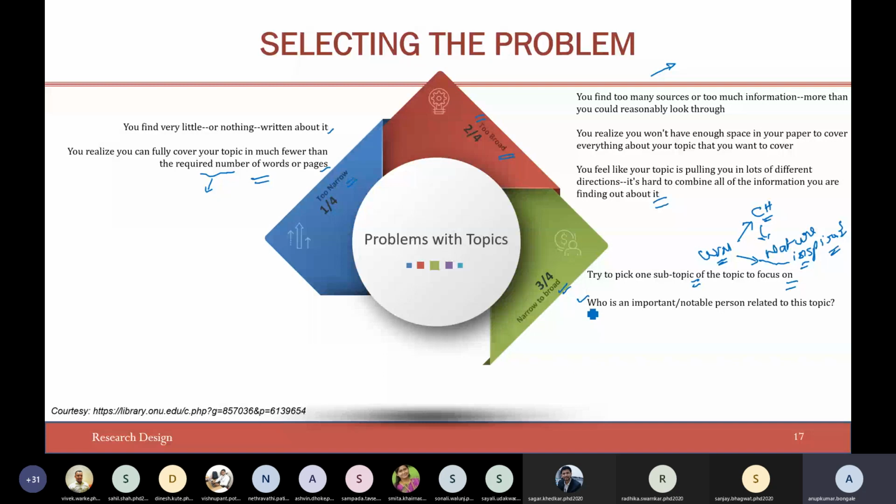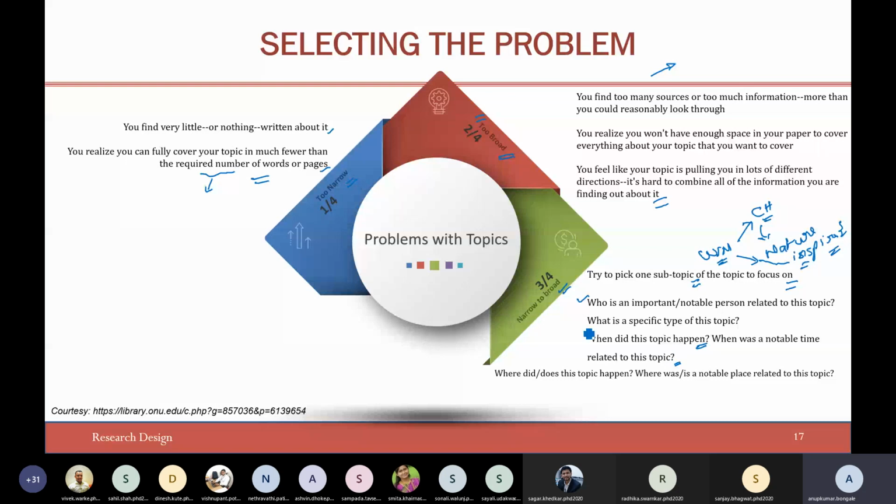Who is an important notable person related to this particular topic? Try to go through the papers or the articles, and see what the specific type of the topic is. When did this topic happen, and when was the notable time related to it? If you answer these questions, you will be able to broaden the narrow problem statement at hand. Where does the topic happen, or where was the notable place related to this domain?